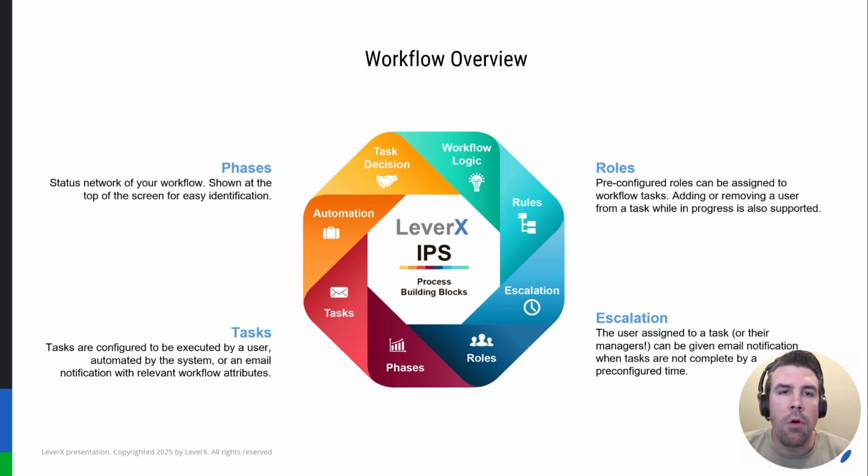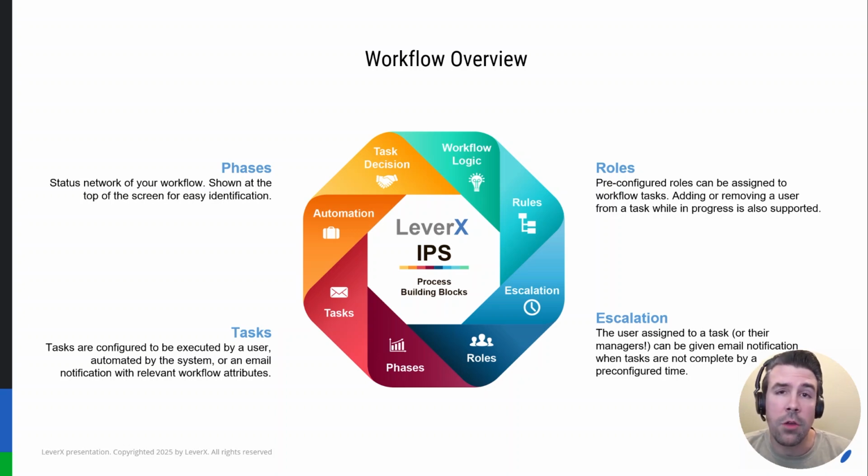So that's a high-level overview of how IPS is set up. IPS has phases, which are composed of many workflow tasks. We have role configuration, so we can dynamically choose agents and assign them to workflow. We have tasks, and these are the individual things that end users will make decisions on.